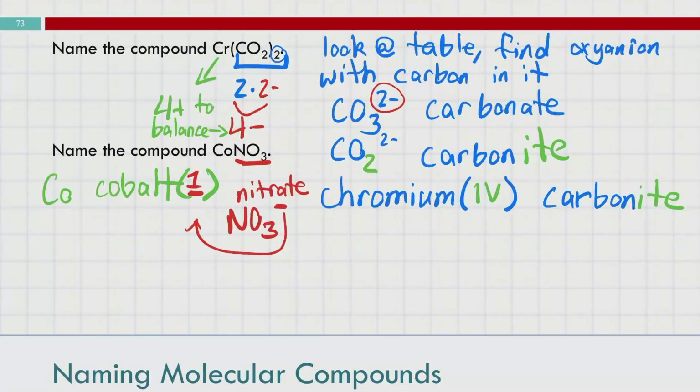Right, 1 plus, so we put in our Roman numeral 1. So cobalt 1 nitrate.